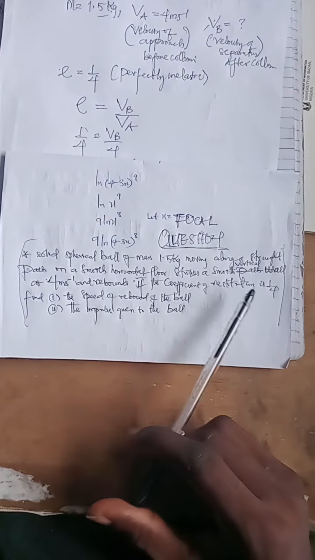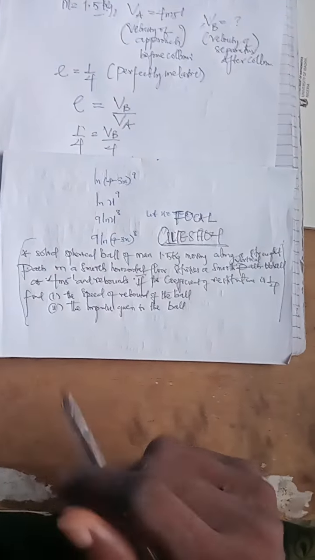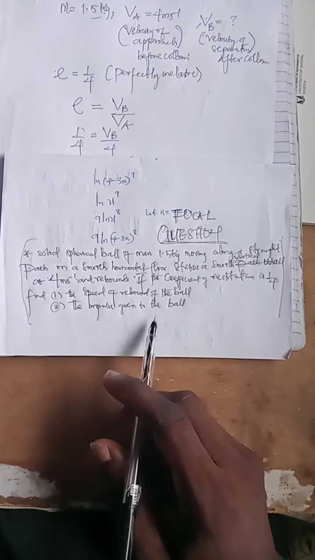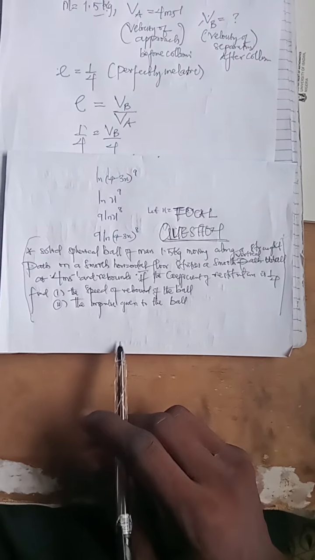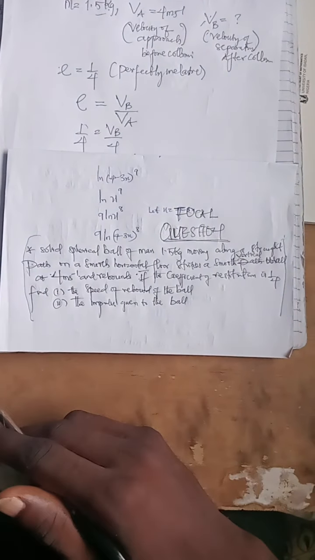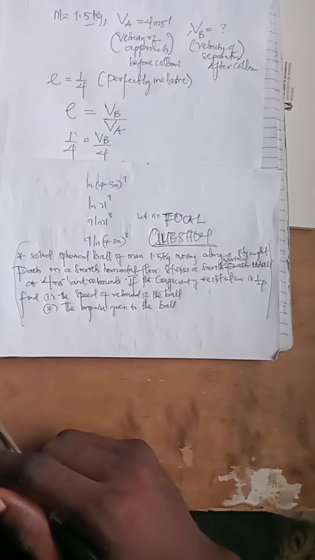You can read it very well, word for word, and compare it with what we did in the worksheet. Read it very well, line by line. Word for word, you can see that it's correlated with what we did recently based on coefficient of restitution.